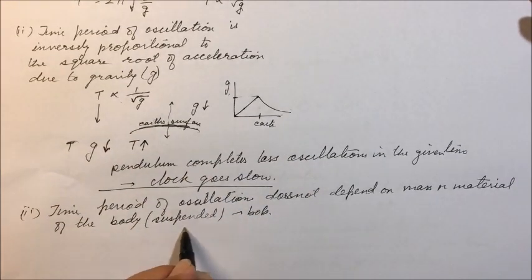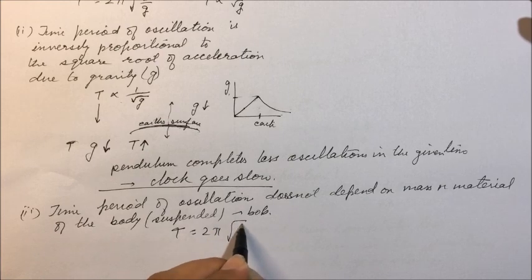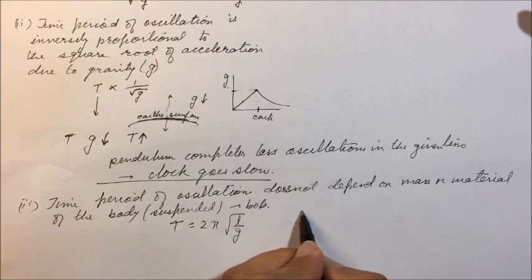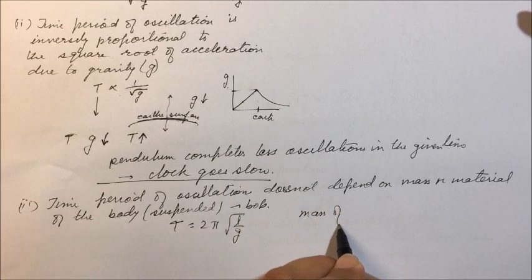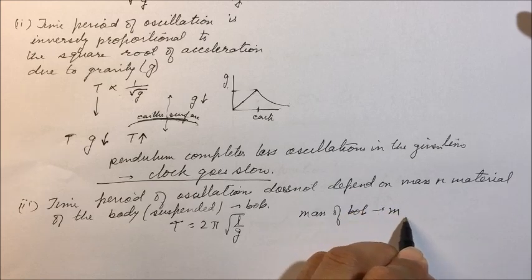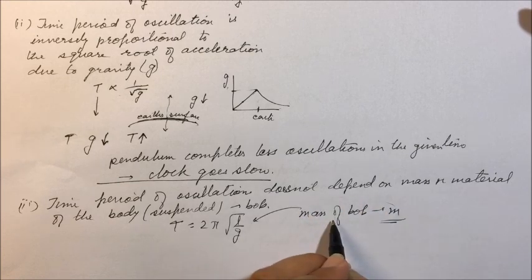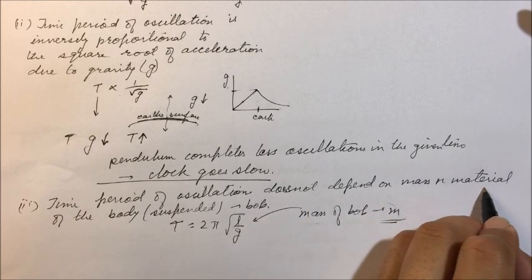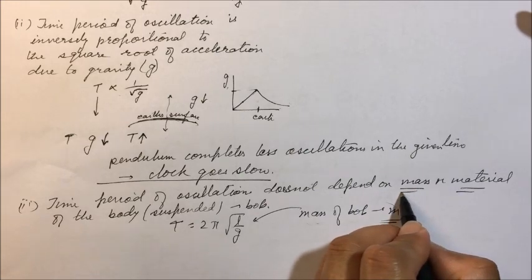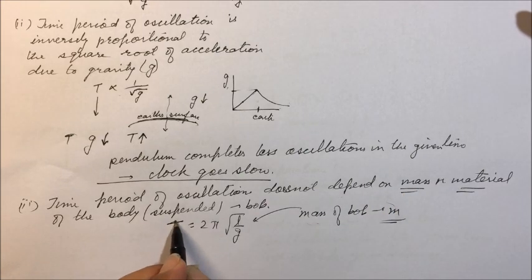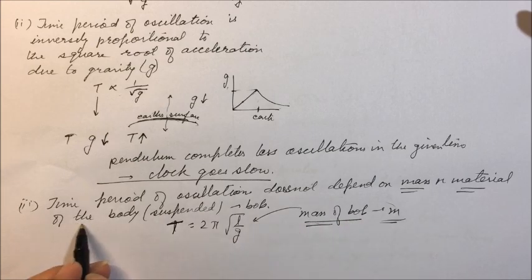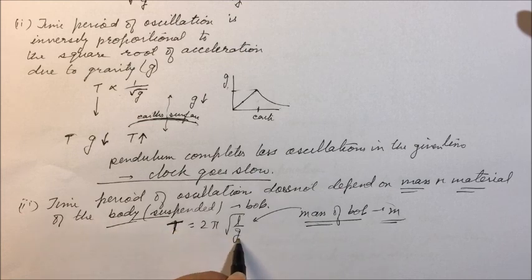We have already seen T equal to 2 pi root of L by g. There is no factor of mass of the bob. Whatever kind of bob you take, whatever material it is made of, or how much mass it has, it doesn't matter. The time period is independent of the mass of the suspended body.